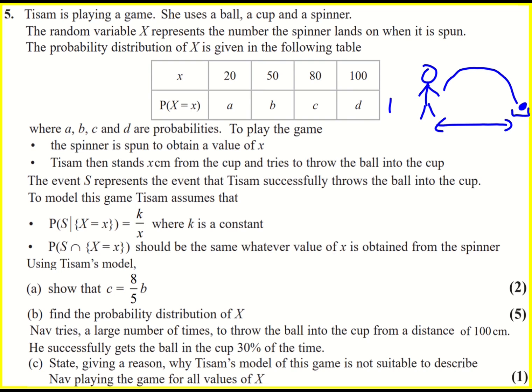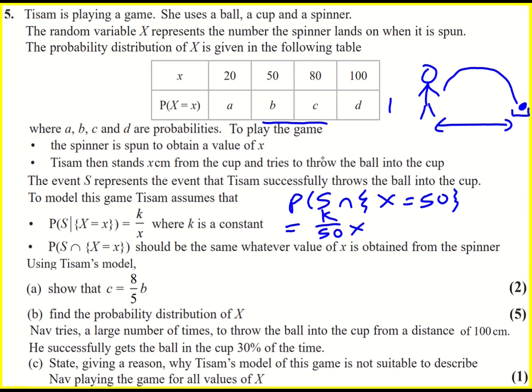Right, well, let's work out some probabilities. Because I want to relate C and B together, let's go with the probability of scoring and getting x equals 50. The probability of scoring, we've already seen, when she gets 50 is k over x, so it's k over 50.